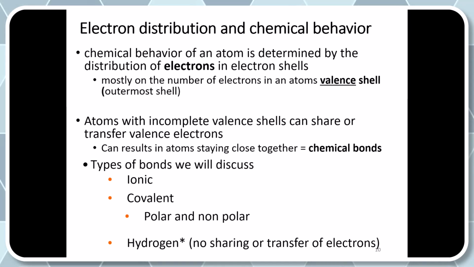So that results in chemical bonds. The types of chemical bonds we'll talk about today are ionic bonds, covalent bonds, including polar and nonpolar covalent bonds, and hydrogen bonds. I put a little asterisk by hydrogen bonds because hydrogen bonds don't involve sharing or transfer of electrons. Rather, it's more of a weak association, and we'll get into that more coming up.